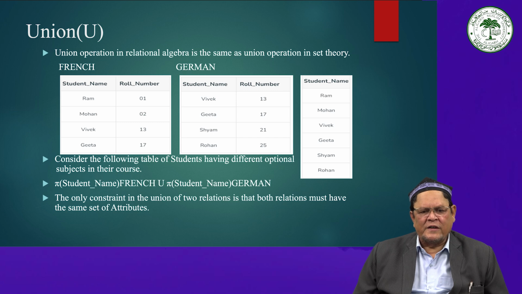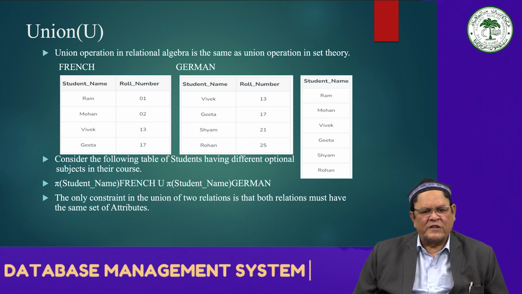The union operator is represented using the symbol U and applied to the relations. Suppose we take the example French and German. It produces a relation containing all tuples that are present in either French or German or both. Duplicate tuples are automatically removed in the result, ensuring that each tuple appears only once.